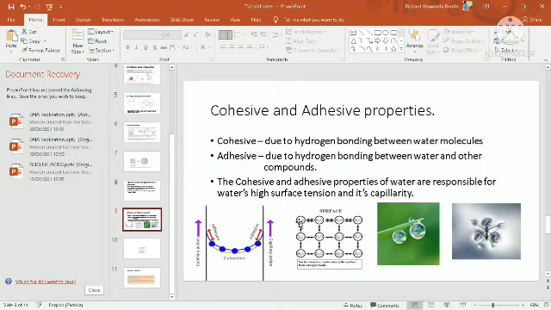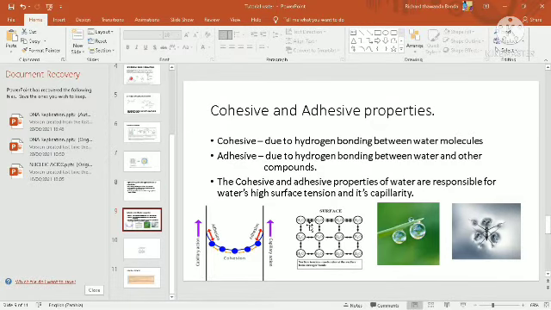If you look at this image where the pointer is, you have this water molecule interacting with that water molecule via hydrogen bonding. Then you have this water molecule interacting with this one here via hydrogen bonding, and so on. So all these water molecules here are sticking together by hydrogen bonding, and that is what is referred to as having cohesive properties.